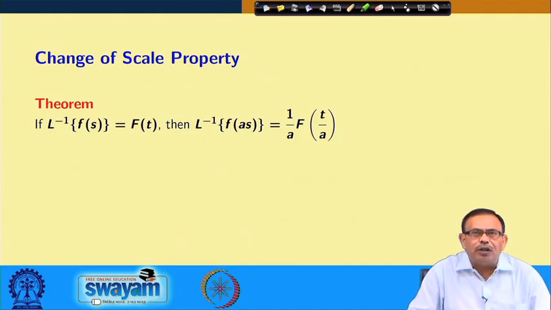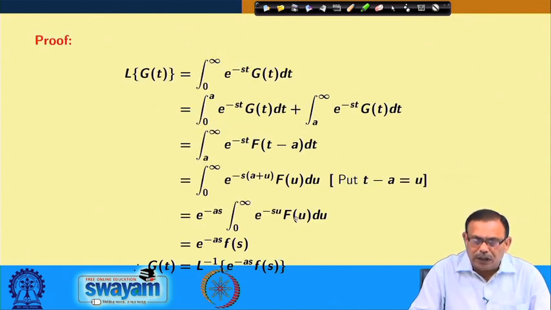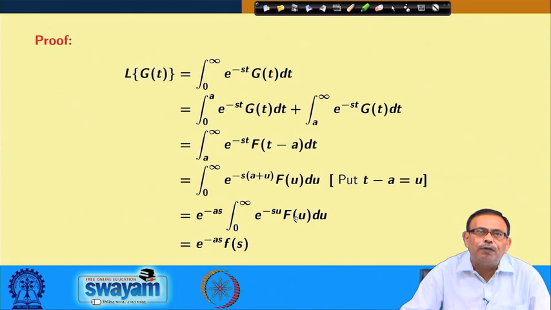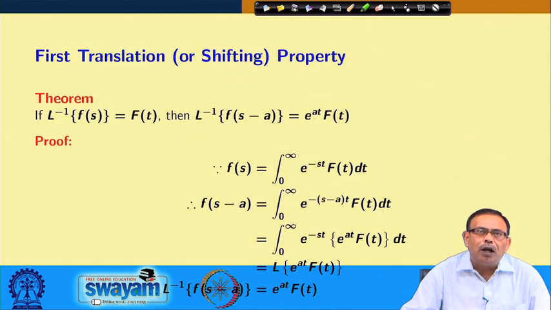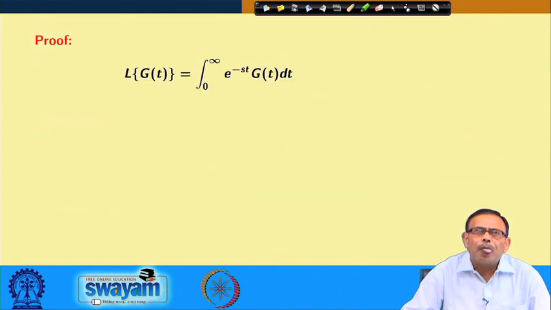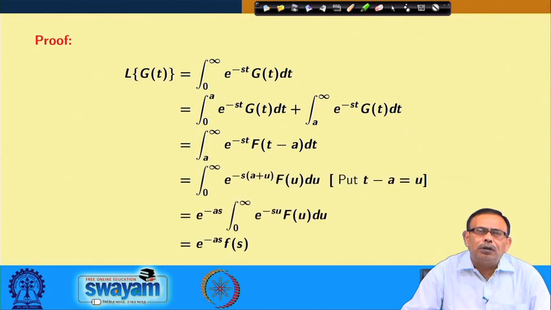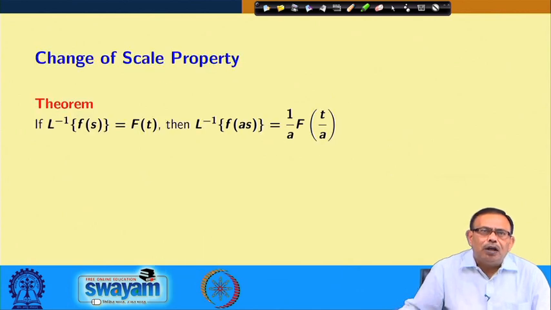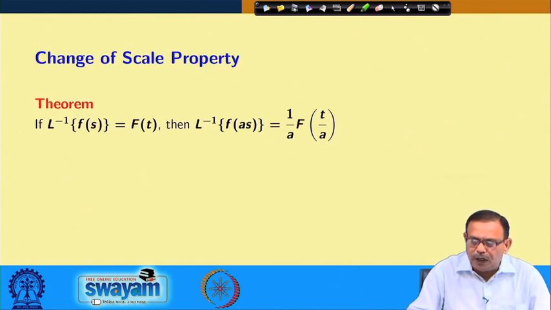Now, the next theorem is the change of scale property. It says that if the Laplace inverse of F(s) equals f(t), then the Laplace inverse of F(as) equals 1 by a times f(t by a).